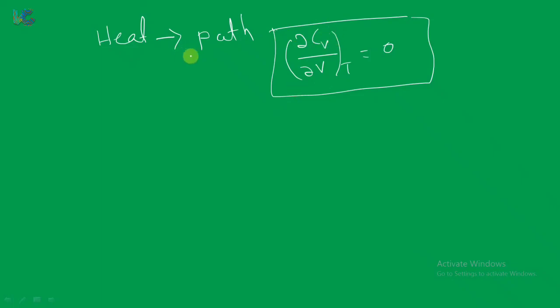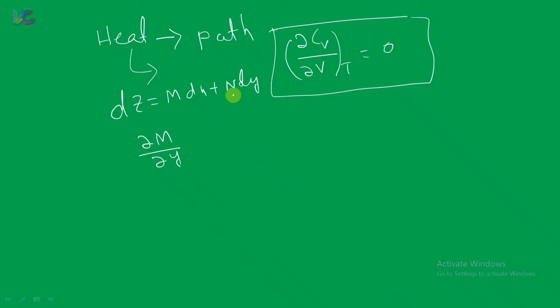We will use this. Now how we can prove that heat is not a state function and is a path function is that you know this: if dz equal to mdx plus ndy, then this z will be a state function if this condition is satisfied.